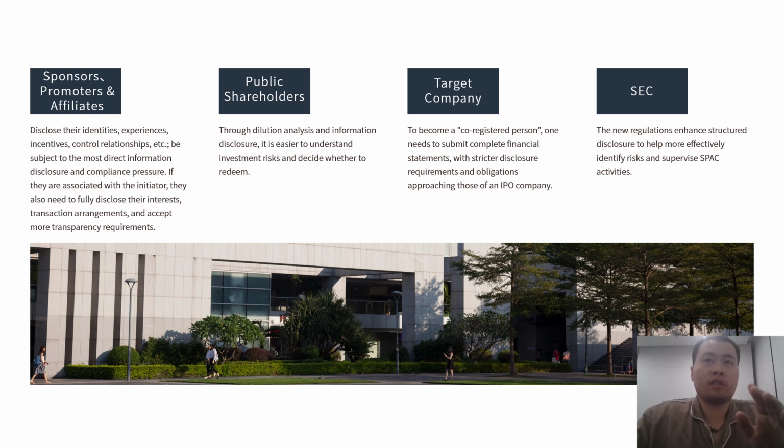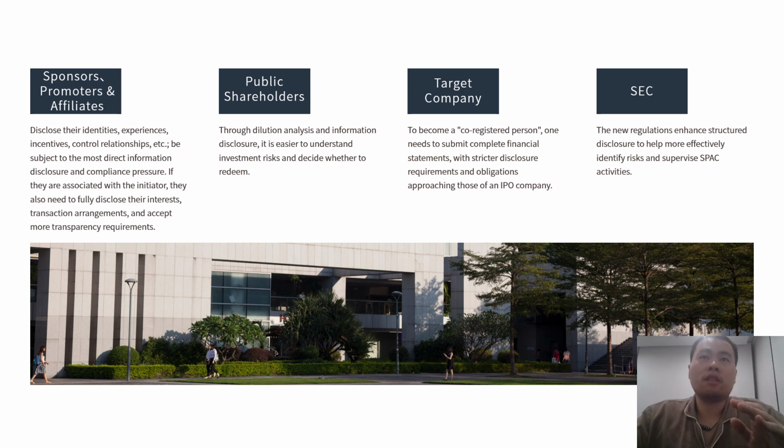Due to the increased information disclosure requirements and heightened responsibility, the supervisory pressures on SPAC sponsors, promoters and affiliates have risen, and their arbitrage opportunities have been restricted. Investors can obtain more detailed information, enhance their investment judgment, and protect their own rights and interests.